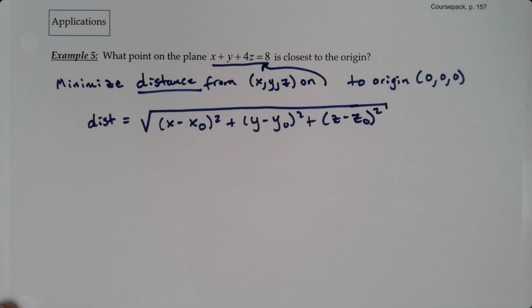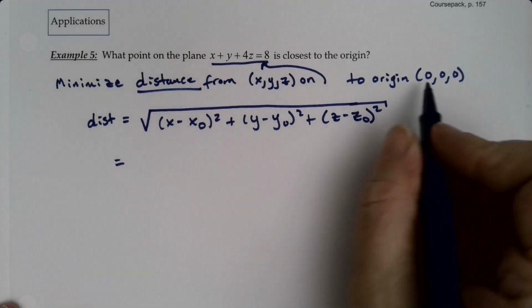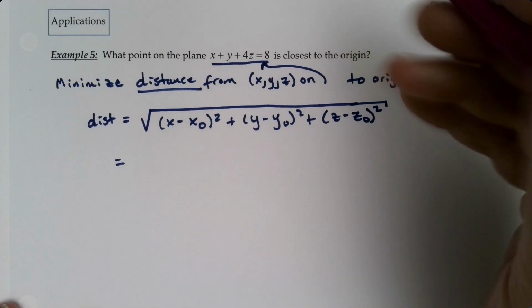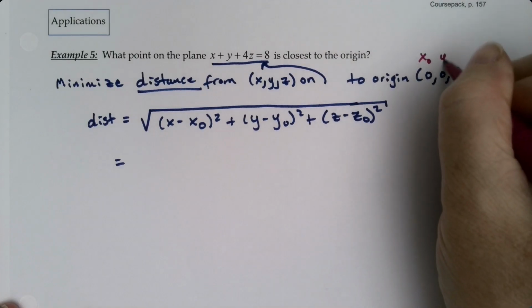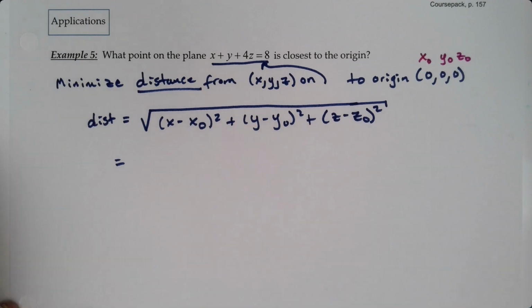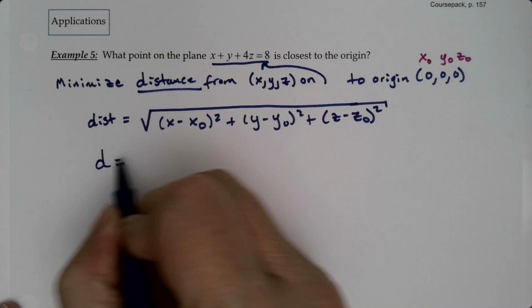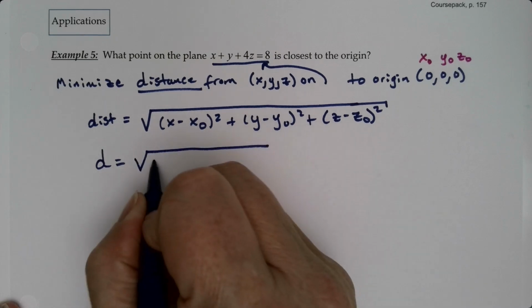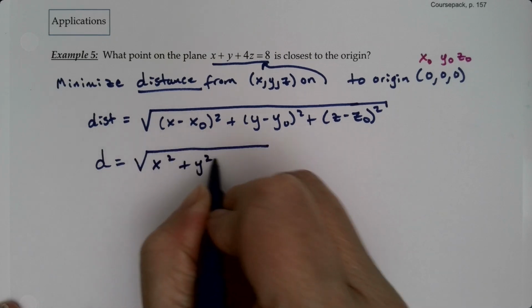It's kind of an expansion of the same one we learned in algebra and geometry class a long time ago. Okay, so for our purposes, x0, y0, z0 is right here, which is going to make this real easy because it's 0, 0, 0. So for our purposes, distance is equal to the square root of x squared plus y squared plus z squared.